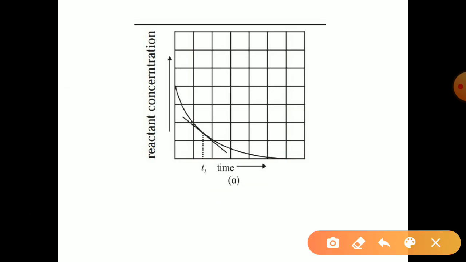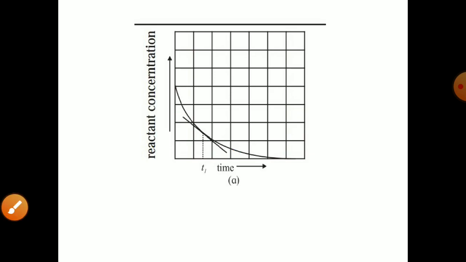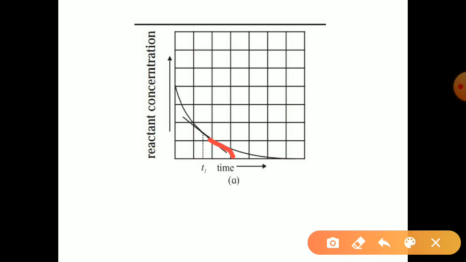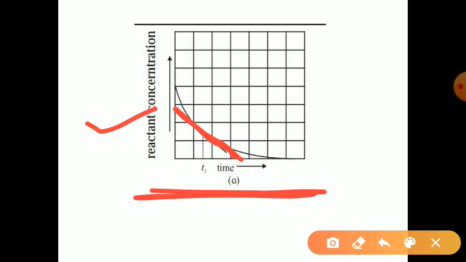Whatever curve is obtained, when the tangent is drawn on it, the negative slope of the tangent to the curve of reactant concentration versus time is the instantaneous rate of consumption of that reactant at time t.